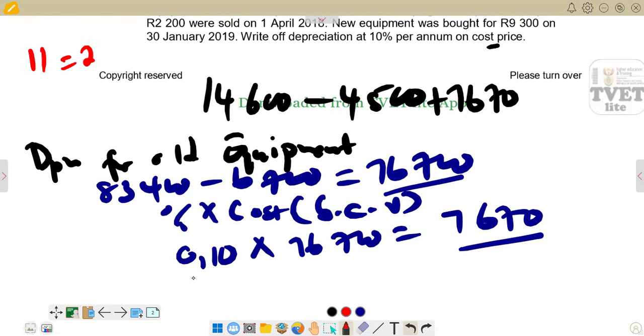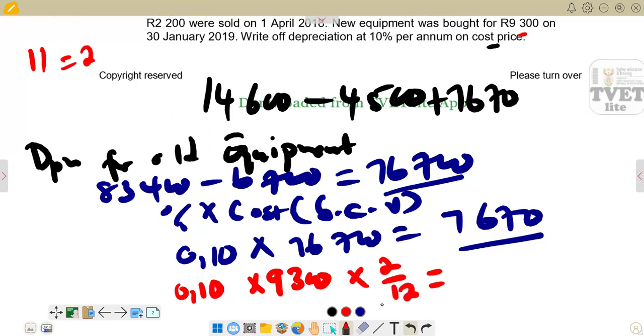So we are going to say 0.10, our percentage as a decimal, and then we multiply by the cost, which is 9,300, the one that was purchased, and then we multiply by 2/12 because it stayed 2 months, and then we get the depreciation.